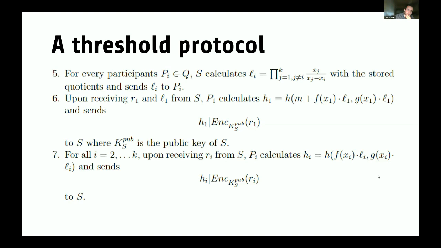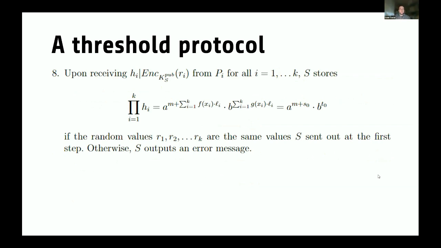For all participants, if they receive this random value R sub i, they calculate the hash value of f of xi times li and g of xi times li, and send it to the server together with the encrypted R value.